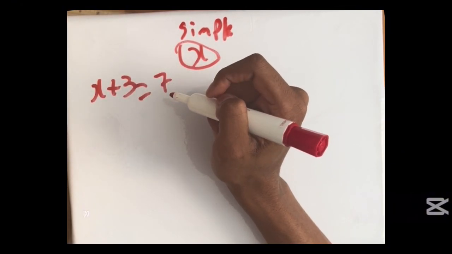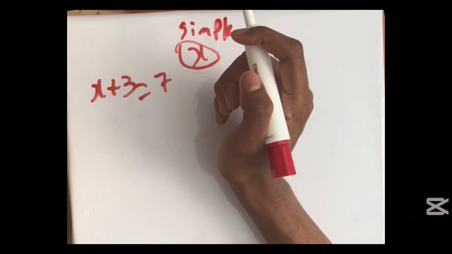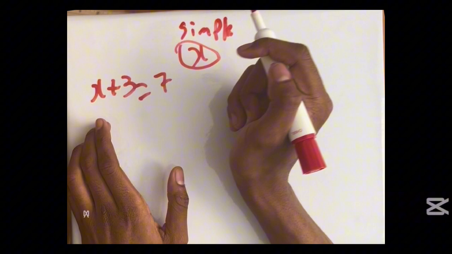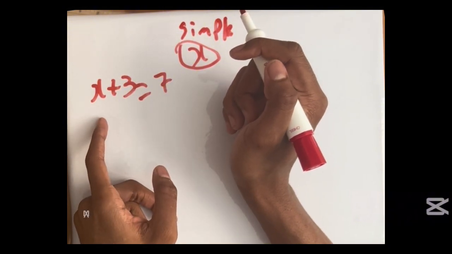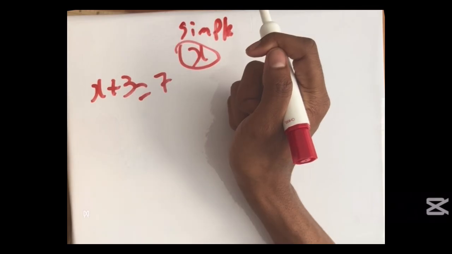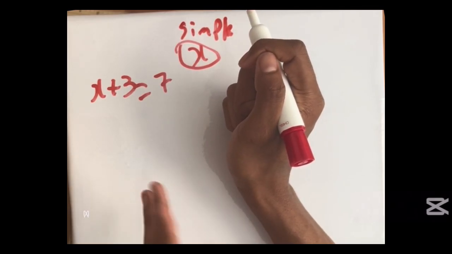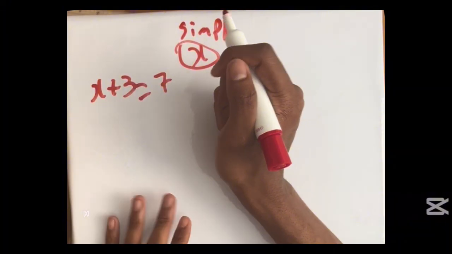Your goal in solving every equation is always going to be to isolate the variable, which is x in this case. Just remember, the variable is the thing you don't know, not a number, just a symbol.